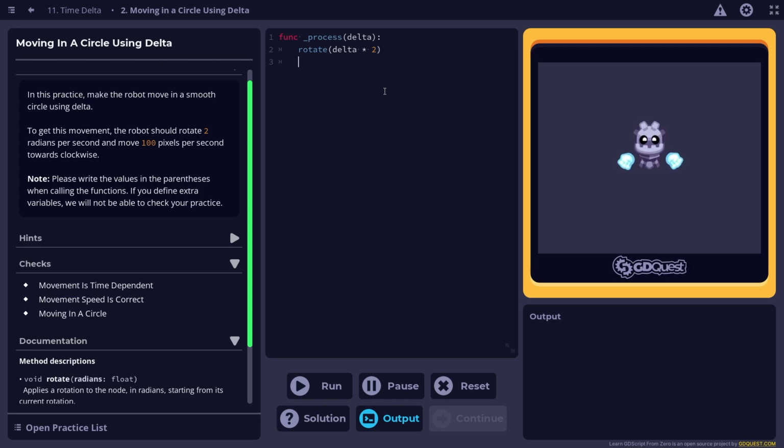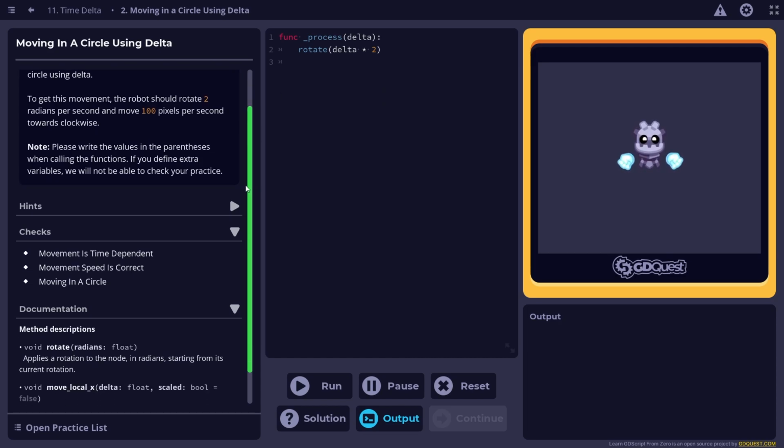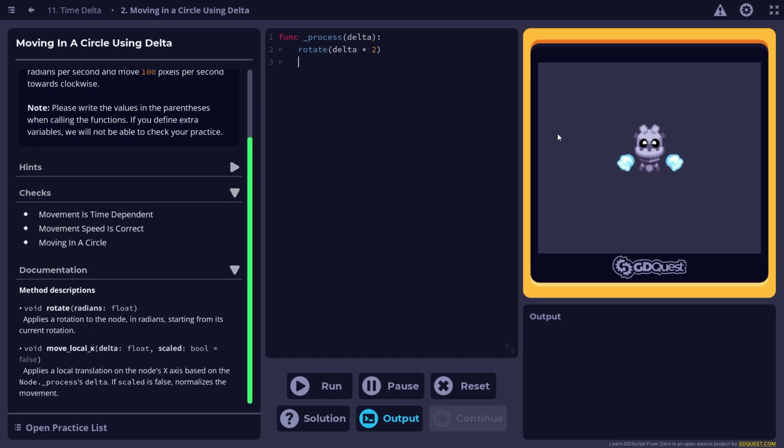Move local X, of course. The parameters we have are delta, scaled Boolean, float. Delta is the first parameter, so we got to do that. Let's just say 100.